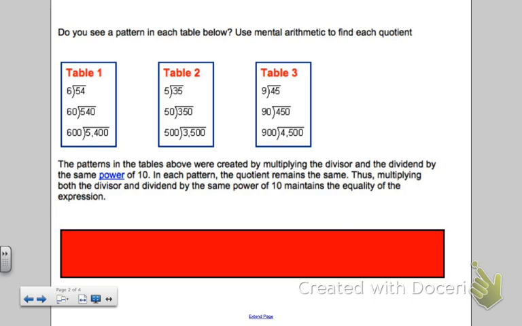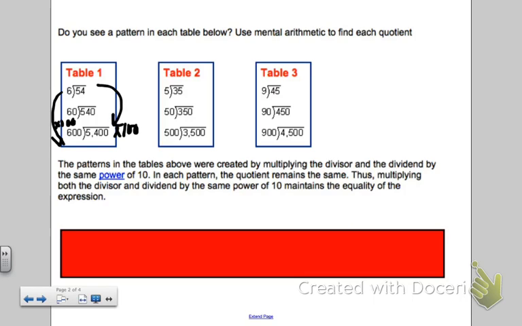So what happened here was, 6 times 10 gave us 60, and 54 times 10 gave us 540. So we multiplied both the divisor and the dividend by 10, and we ended up with 540 divided by 60, which still ended up giving us the same quotient. What if we do 6 times 100 and 54 times 100?